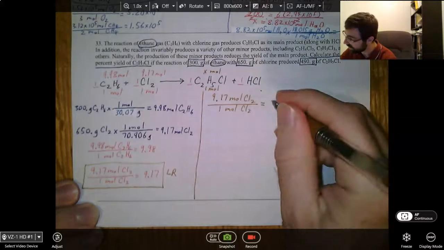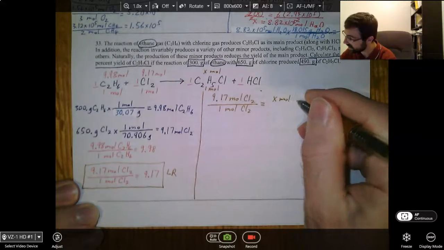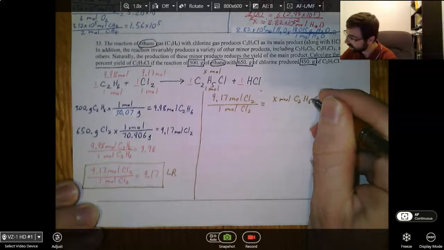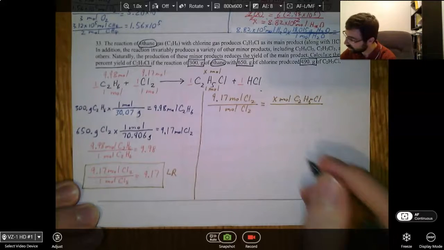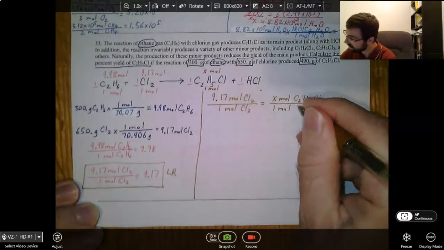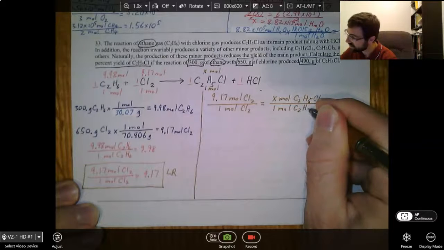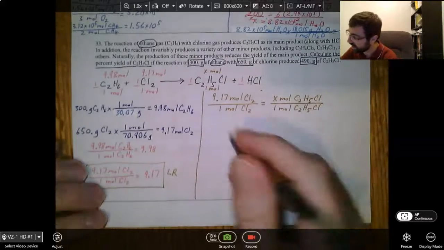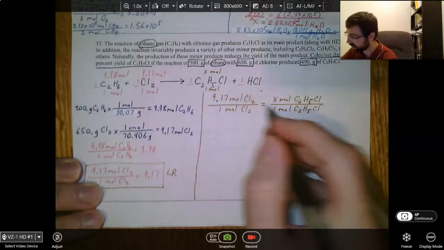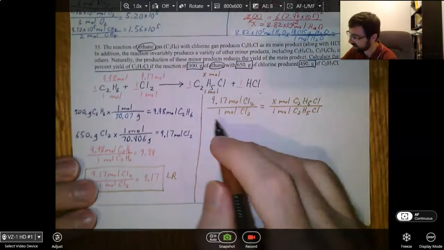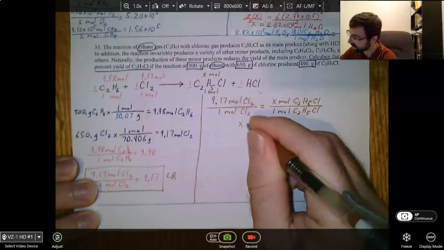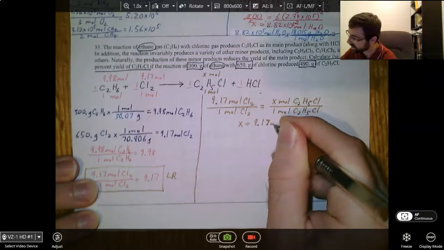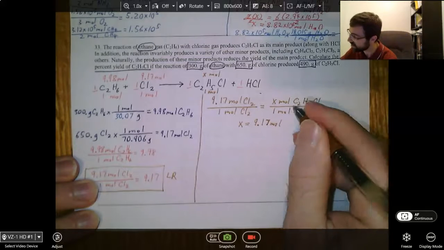So I've got X moles of C2H5Cl over 1 mole C2H5Cl. You can see that X over 1 is X, X times 1 is X, and 9.17 times 1 or divided by 1, any way you look at it, it's 9.17. So X equals 9.17 moles. Let's look at the units of X. It's moles of C2H5Cl.